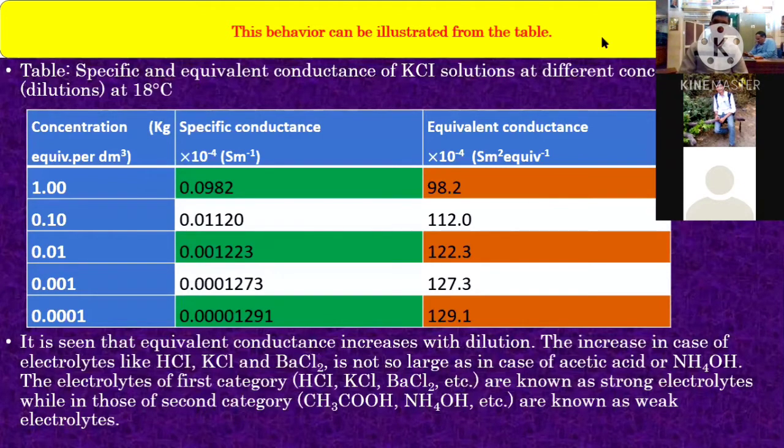The electrolytes in the first category, HCl, KCl, BaCl2, are known as strong electrolytes, while in the second category, CH3COOH, that means acetic acid, and NH4OH, ammonium hydroxide, are known as weak electrolytes.